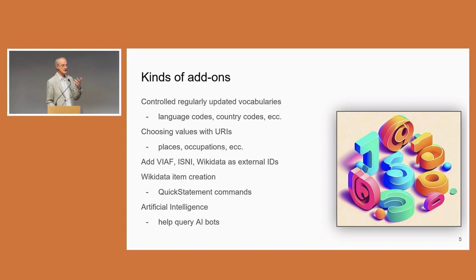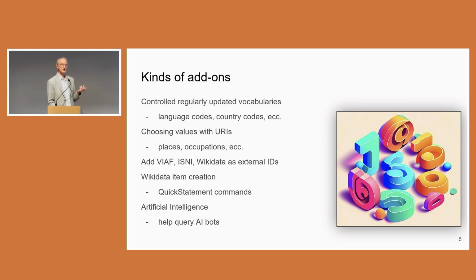So this is a summary of what I'll try to show you in this presentation. We'll speak about controlled, regularly updated vocabularies, introducing the language codes, country codes, etc. in a very simple way. In Koha, you use them simply by introducing the value, but you do not have to remember too difficult codes and so on.